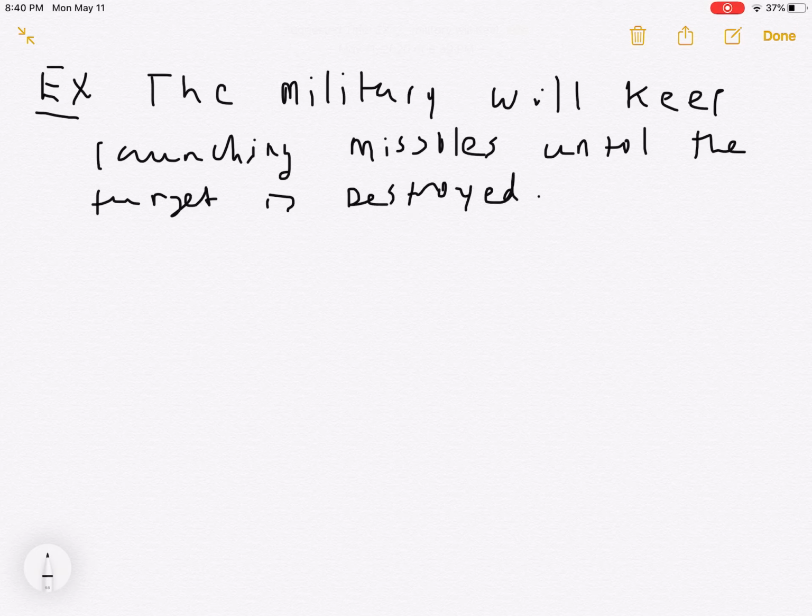Okay. Now, there's going to be some assumptions that I need, and I also need a random variable. So I'm going to define x. X is the random variable. This is the number of missiles launched until the target is destroyed.